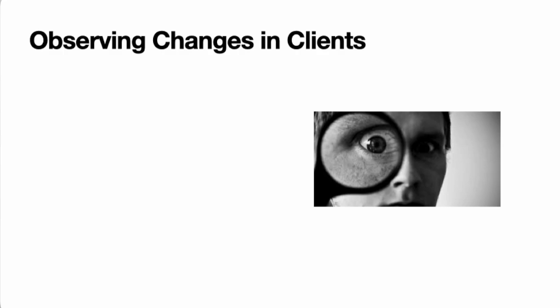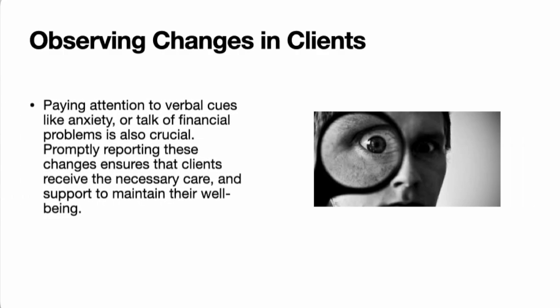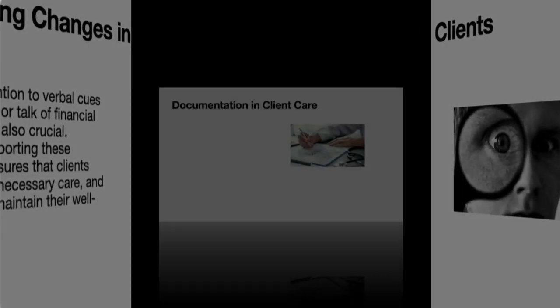Paying attention to verbal cues like anxiety or talk of financial problems is also crucial. Promptly reporting these changes ensures that clients receive the necessary care and support to maintain their well-being.